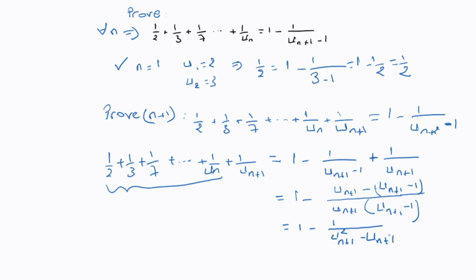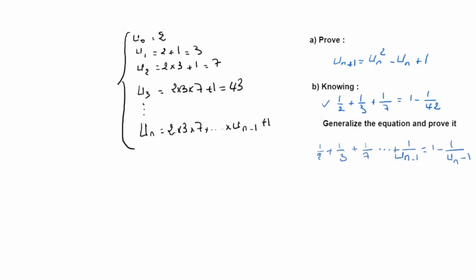So this one, if we go to the previous proof that we have, we know that U(n plus 2) is equal to U(n plus 1) square minus U(n plus 1) plus 1. If I'm not mistaken, let's go back. So U(n plus 2) for proof A is equal to U(n plus 1) square minus U(n plus 1) plus 1.